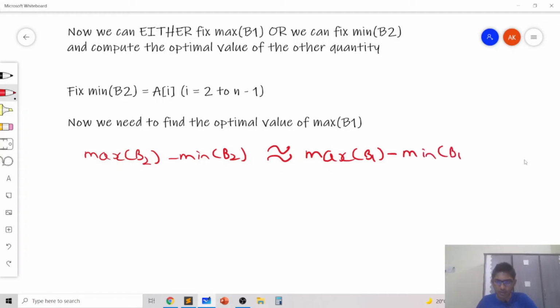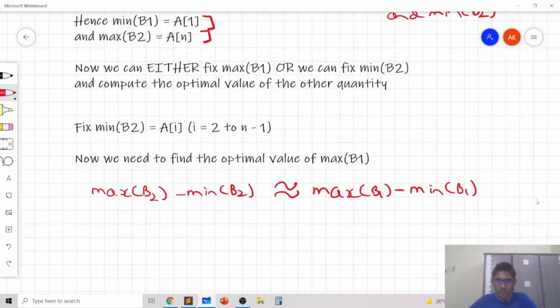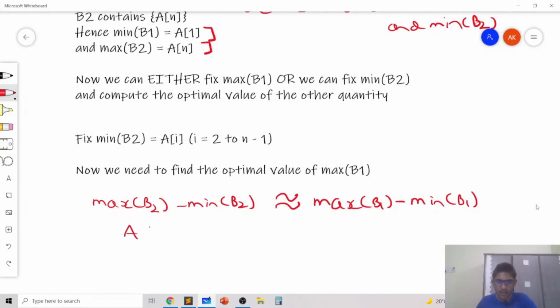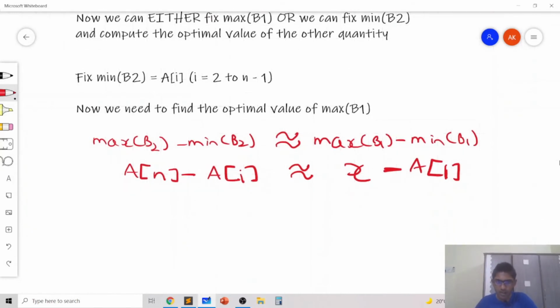We need to make sure that these two are as close to each other as possible. Now we know that the max of B2 is AN and the min of B2 is AI. So we need to ensure that this is approximately equal to the max of B1, let's say that is X, minus the min of B1, which is A1. So that's why we need to ensure that X is approximately equal to AN plus A1 minus AI.